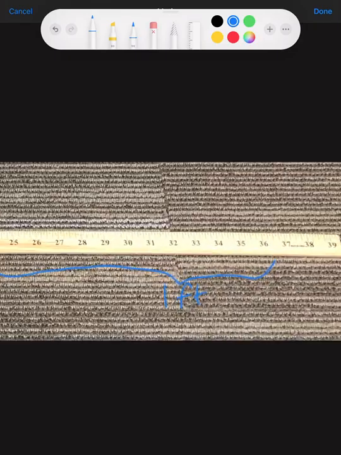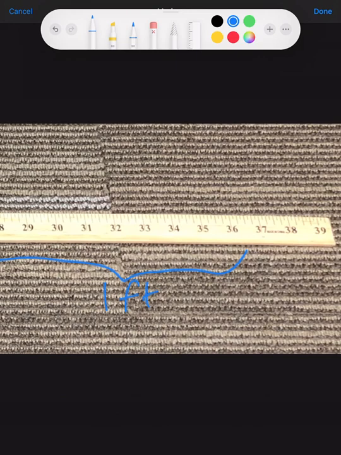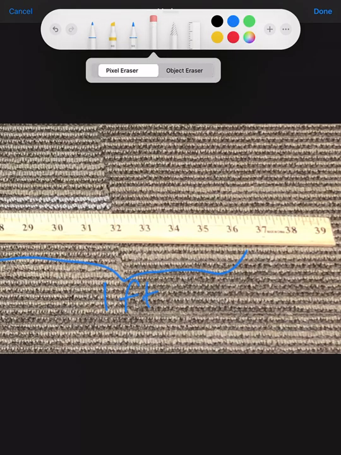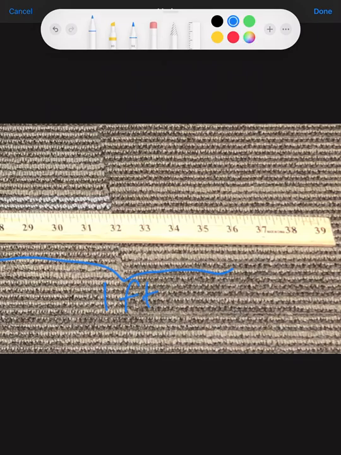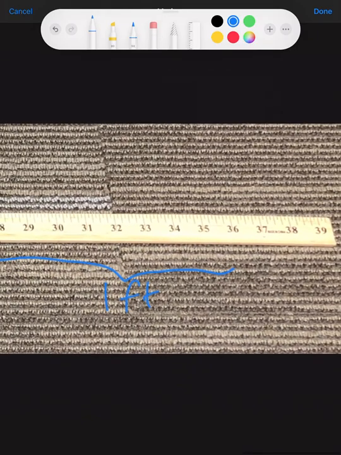Now, 1/4 inch. So let's zoom in here. And what is our 1/4 inch? I'm going to erase that a little bit. There you go. 1/4 inch. Let's see what we got here. From 36 to 37, we have 1 inch. That's 1 inch, and we're going to do 1/4 of that.